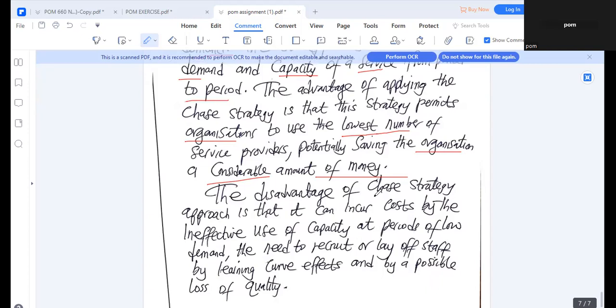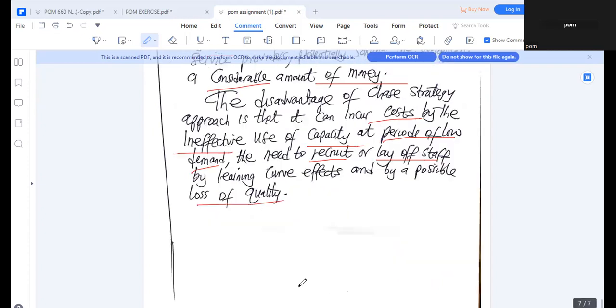The disadvantage of the chase strategy approach is that it can incur cost by ineffective use of capacity at periods of low demand, the need to recruit or lay off workers, learning curve effects, and possible loss of quality.